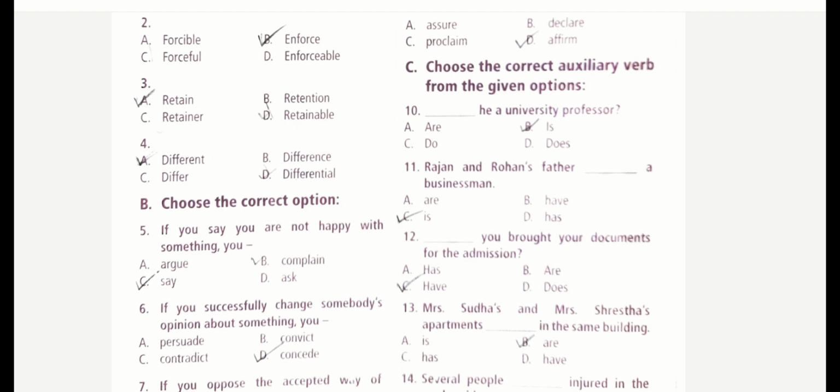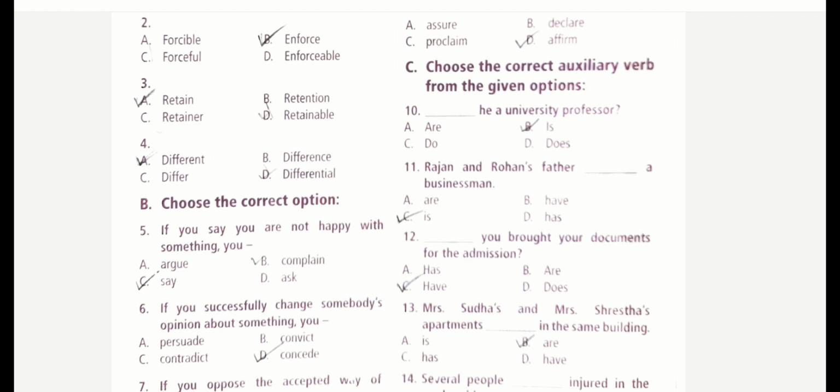Next question is, question number 12, dash you brought your documents for the admission. Options you see: has, are, have, does. So here the correct answer is have. Okay, in the sentence you are asking about a completed action in the present, specifically whether someone has already brought their document for admission.